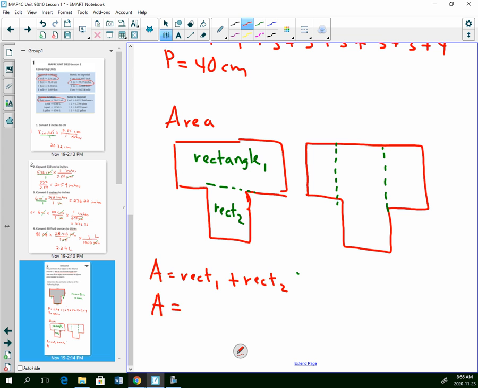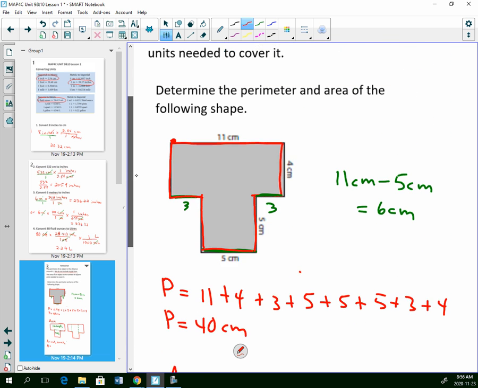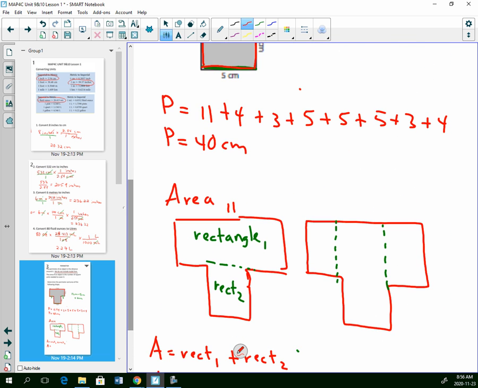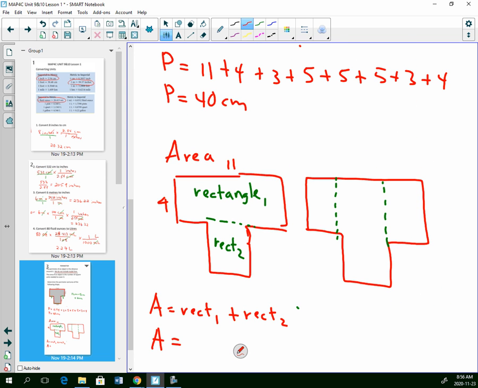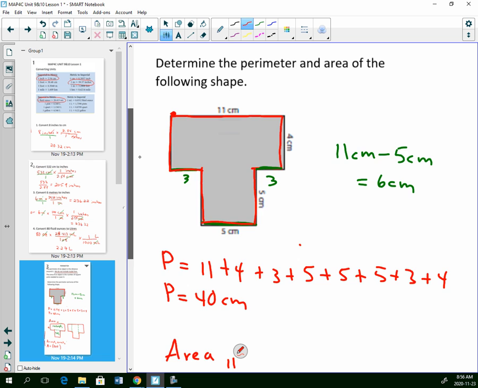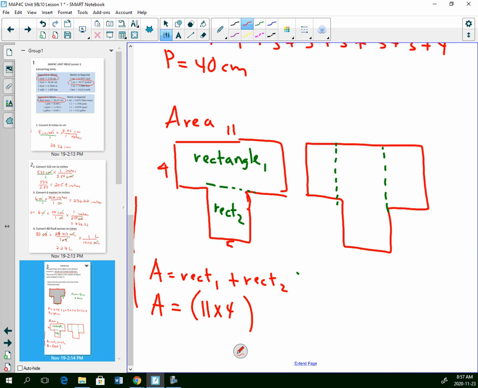So rectangle 1 has a length of 11 and a width of 4. Okay, so rectangle 1 is 11 by 4. And then rectangle 2 is 5 by 5. This is 5, this is 5.